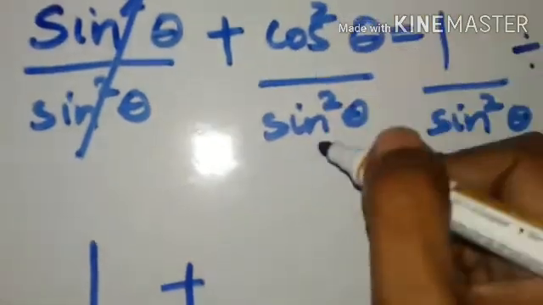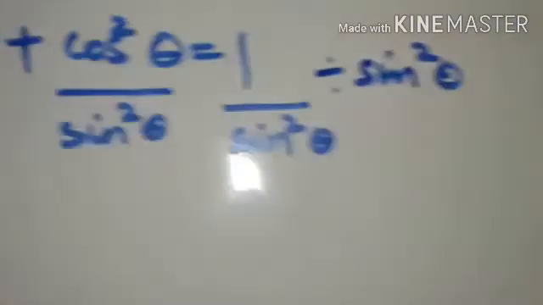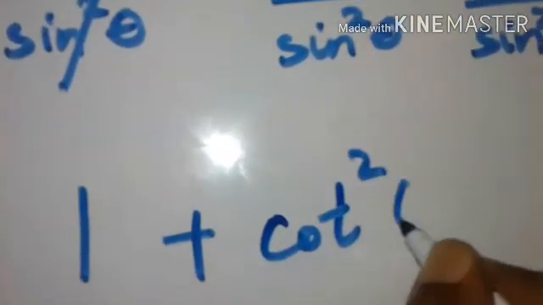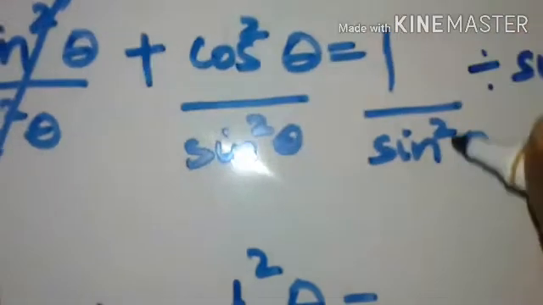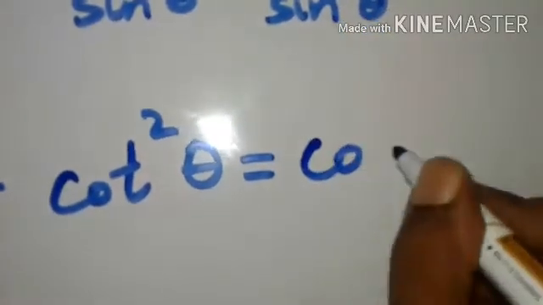Plus what is cos by sine? Sine by cos is tan, so cos by sine is cot. So it is cot square theta is equal to 1 by sine square theta. So 1 by sine is sine's reciprocal, that is cosec. So this is cosecant square theta.